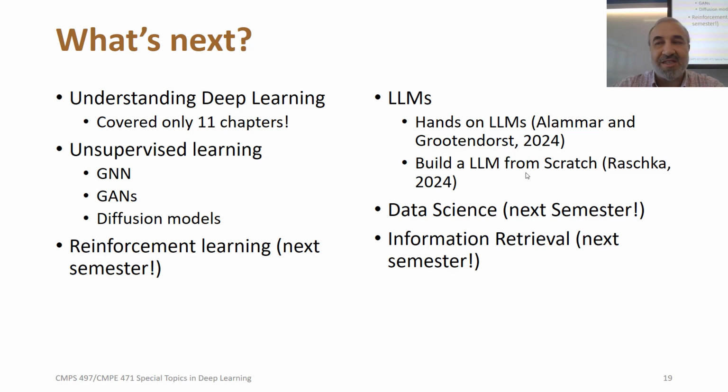Data science is an undergraduate course; information retrieval is a graduate course, and you are welcome to attend. Information retrieval is about building search engines. It is always important, because we use search engines a lot in our lives, but especially now, because it's very well connected to large language models.